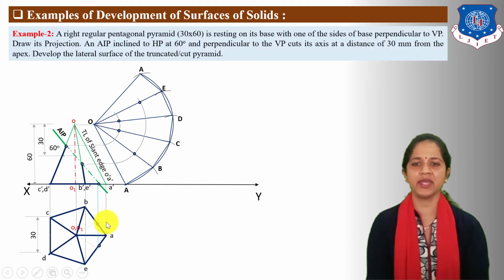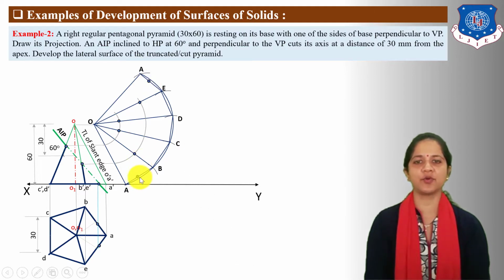Here, AB and AE base sides are cut by AIP cutting plane. Next, measure the distance of these cutting points from A point and transfer its distance in development from A point.